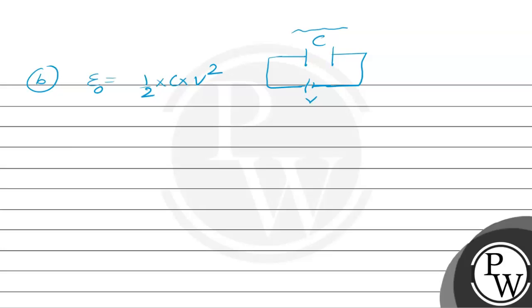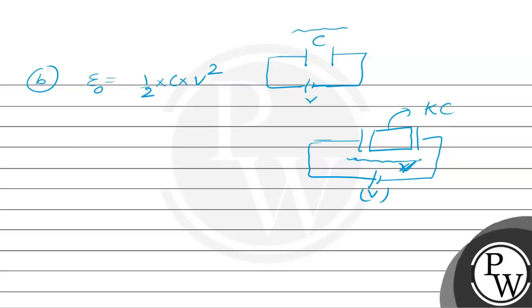Now this is E naught. Now what happens when the dielectric is introduced? We have seen earlier that its capacitance becomes K times C. Moreover, the potential difference across this parallel plate capacitor will remain the same as V, which is supplied by the source.